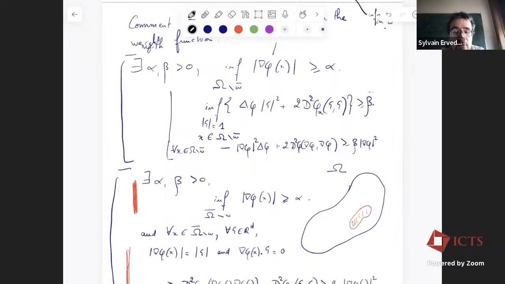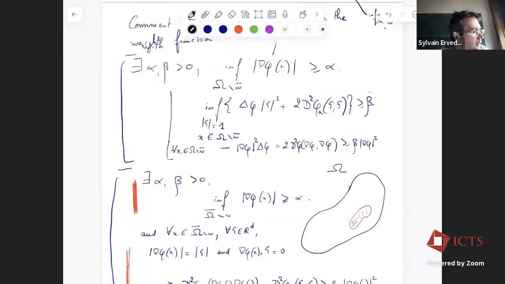Indeed, you can do that. So in fact, when you take beta equals 0, this is related to the framework of limiting Carleman weights, which has been developed in the context of inverse problems, probably around 2008 or 2009.